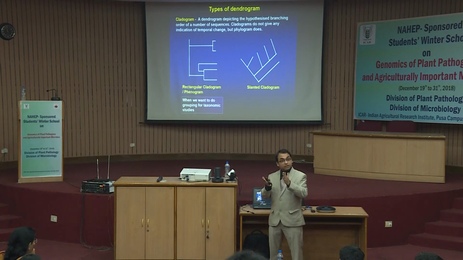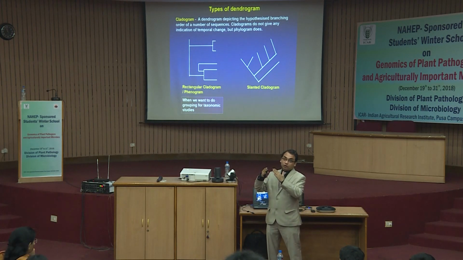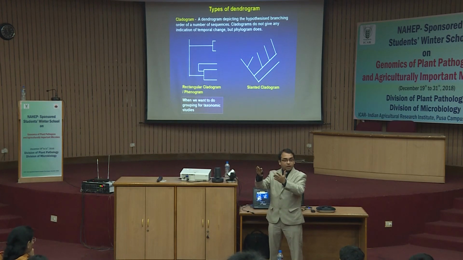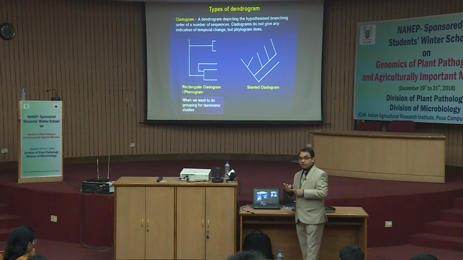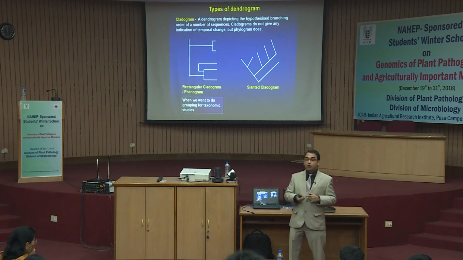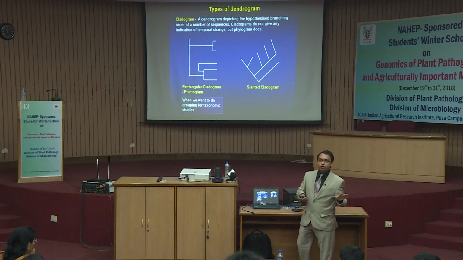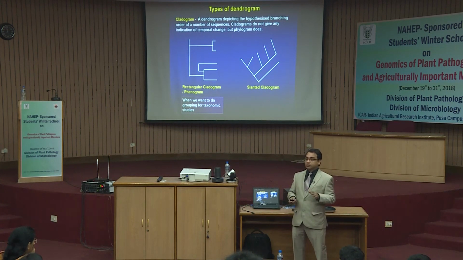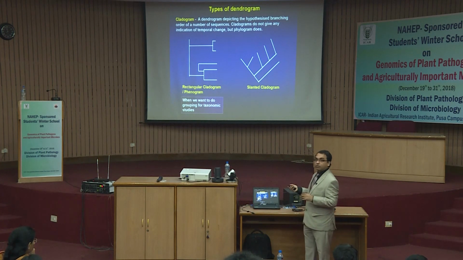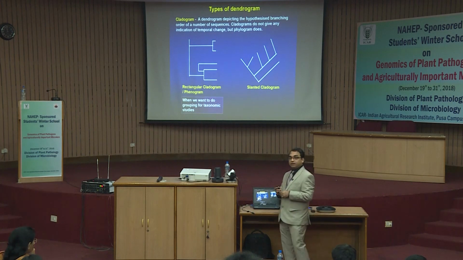So, divergence. It may be possible that two organisms, due to mutation after mutation, may converge also in future. So, to understand this kind of thing, convergence, divergence and parallelism, we need to use this slanted cladogram, not this. But if it is only taxonomic grouping, most of us mainly do this, try to restrict to the rectangular cladogram, not the slanted cladogram.